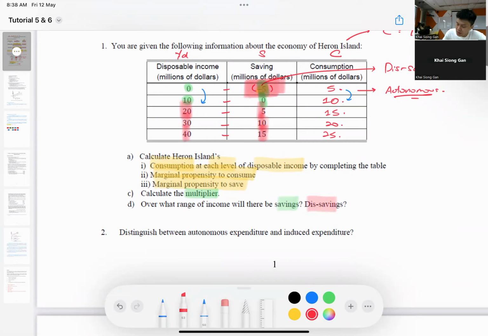Now, let's say I add on the next question, question E. I would like to find the equilibrium income, or equilibrium real GDP. How do we do that?